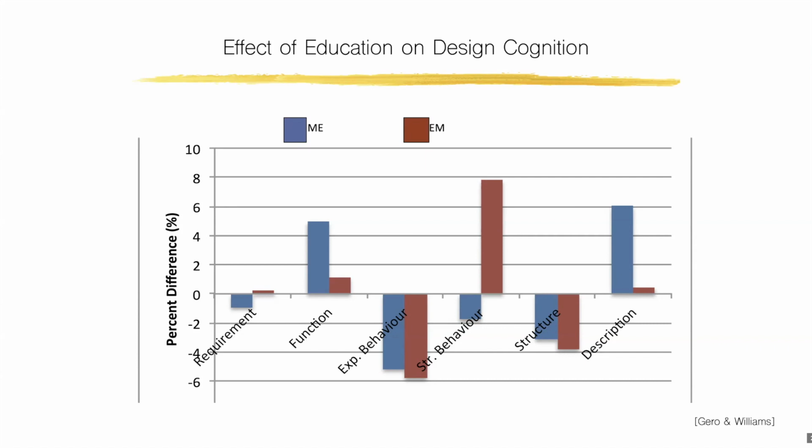And these two colored bar charts represent changes that have occurred in undergraduate mechanical engineers between when they were freshmen and 2 years later, after they'd decided to specialize either in mechanical engineering or engineering mechanics. And with this, we're able to track their cognitive behavioral differences. It's not so much the individual results here, but rather the fact this is now available to us.